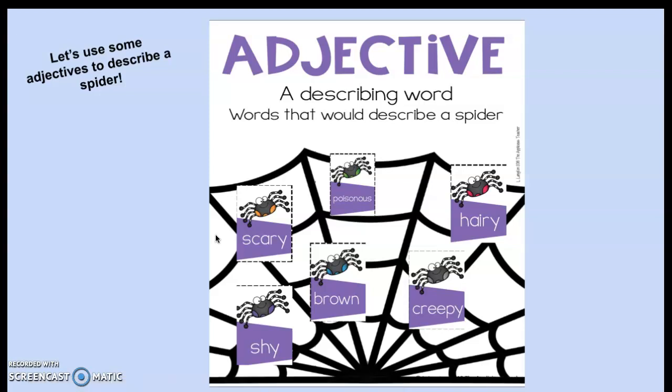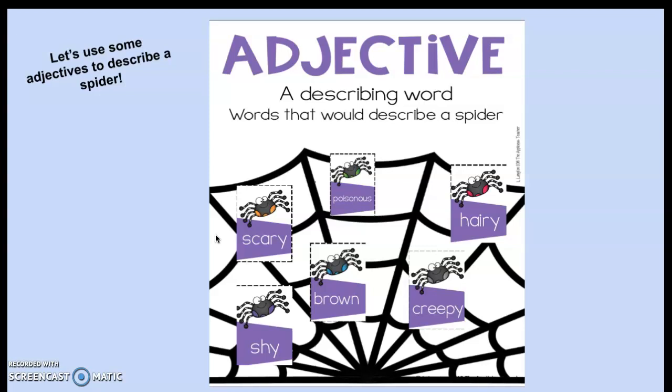So remember, a noun is a person, a place, or thing. Adjectives are words that describe the person or place or thing. And good writers use adjectives in their writing to make their writing better, right? To describe what they're writing about.